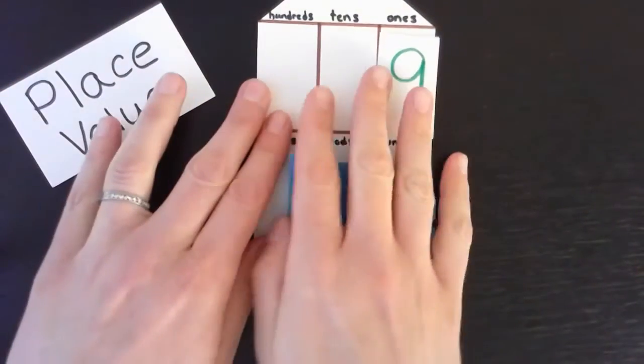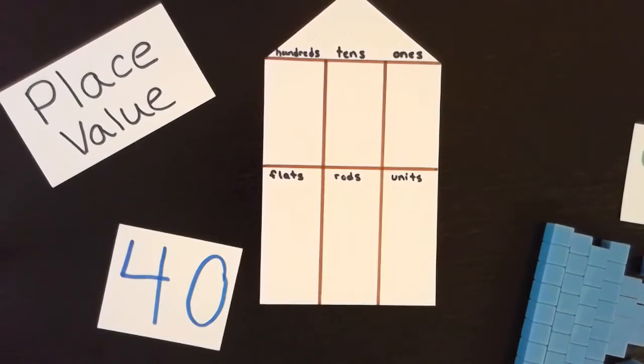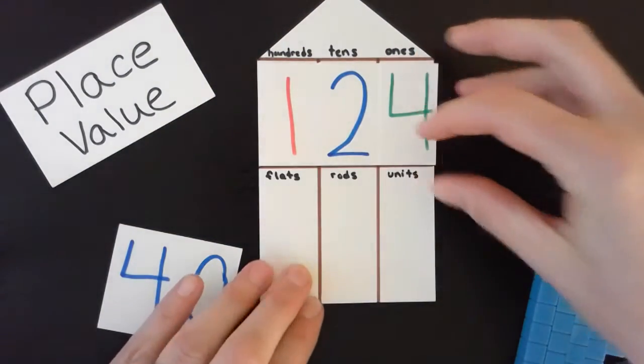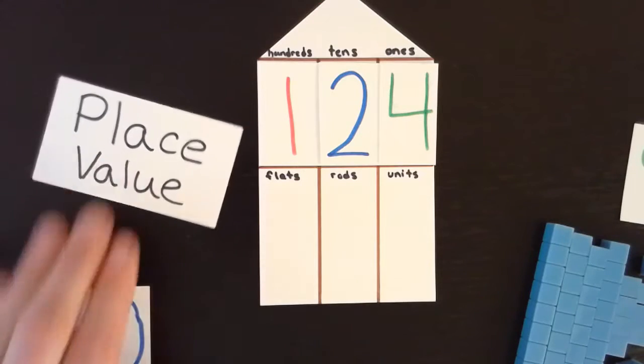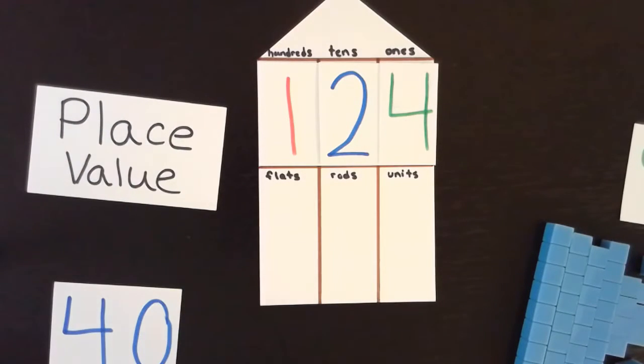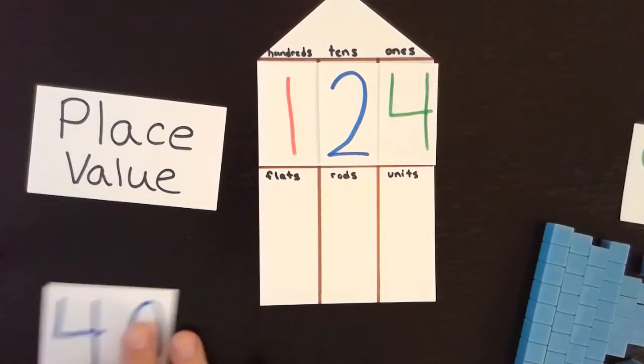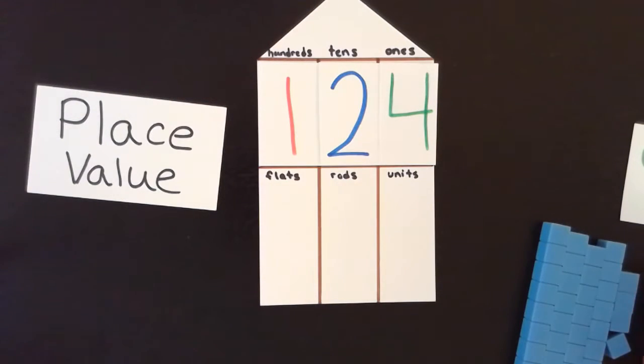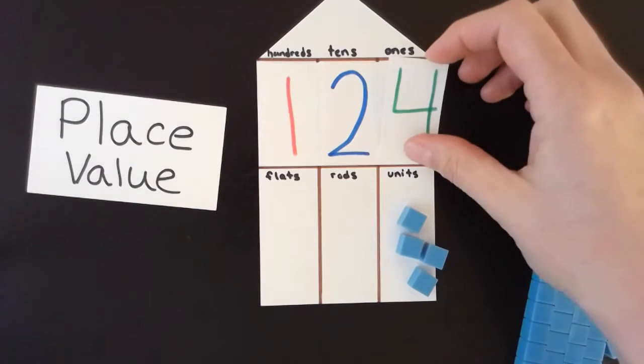All right, so let's do another example. Let's look at the number 124. So if I ask which digit is in the ones place, you would answer 4. 4 what? You'd answer 4 ones. And that represents 4. Here's 4, right?